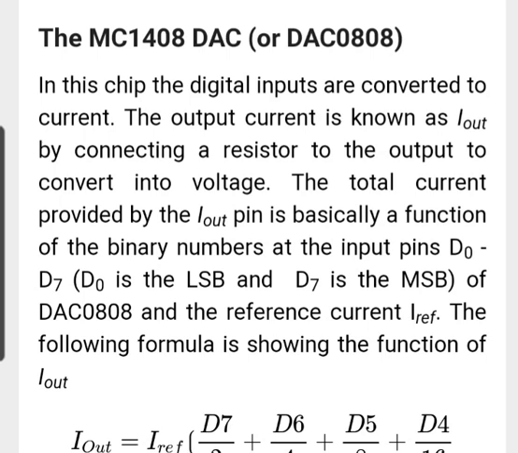By connecting a resistor to the output, we convert it into voltage.